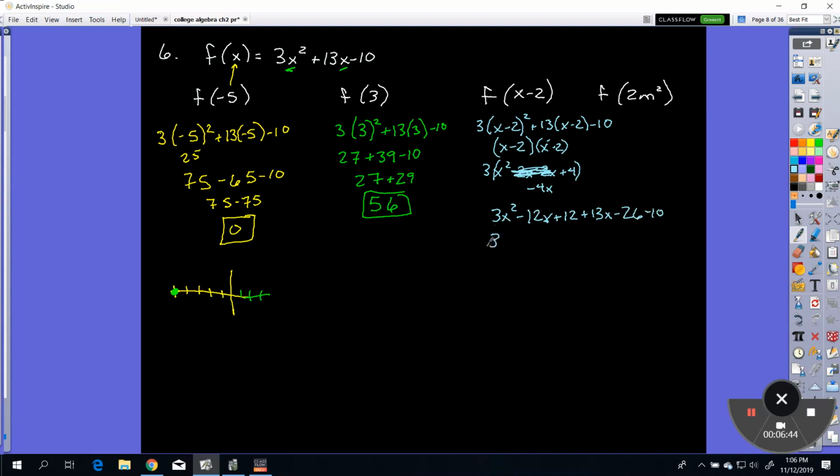There's no other x squared, so 3x squared, then -12 plus 13 makes positive 1, and you can just put x. You don't really need to put the 1. I just did for some unknown reason. But anyways, that's a 1x. 12 minus 26 is -14. Minus 10 makes -24.